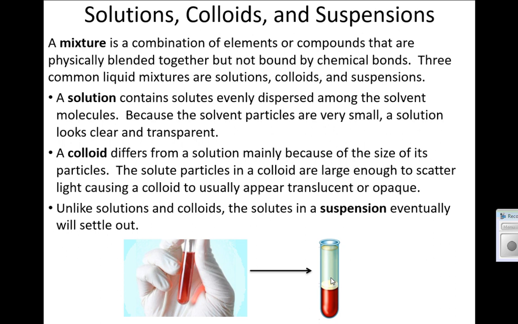What that does is separate out the things by their density. The denser stuff will separate on the bottom. This is where the red blood cells will go. White blood cells and platelets will go in this thin layer we call a buffy coat. And then the least dense plasma will rise out to the top.